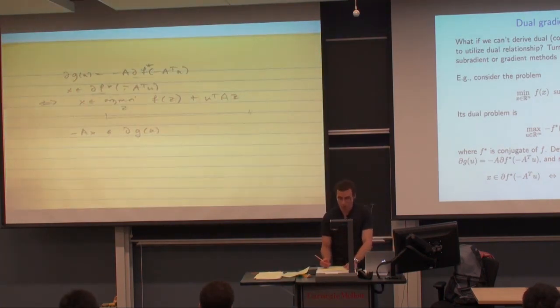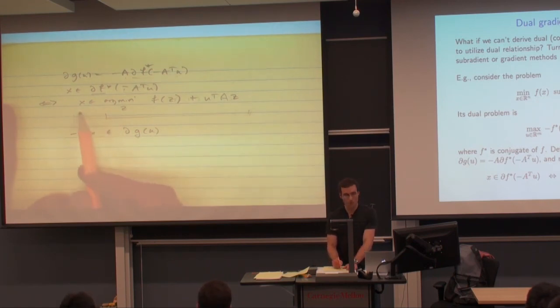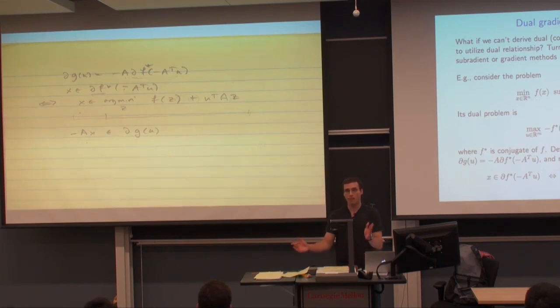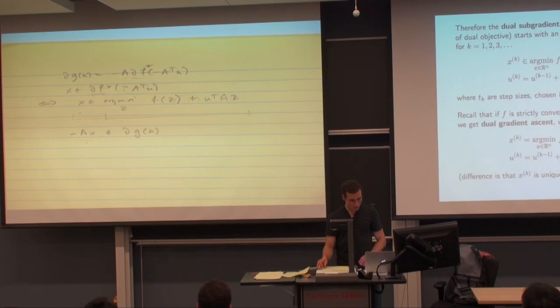So then I could do something like subgradient ascent on the dual. If I can solve this problem, I take Ax, that gives me a subgradient, and now I can apply subgradient ascent, because that's something we've learned. So what do the steps look like?